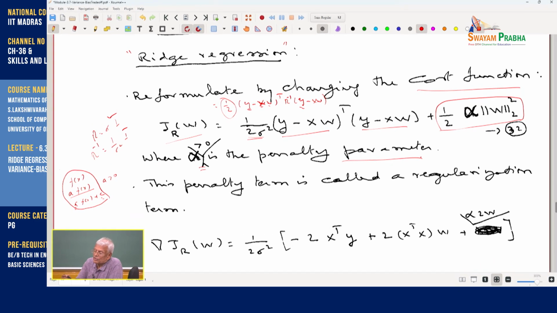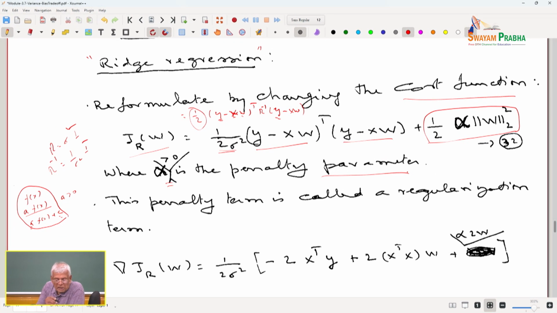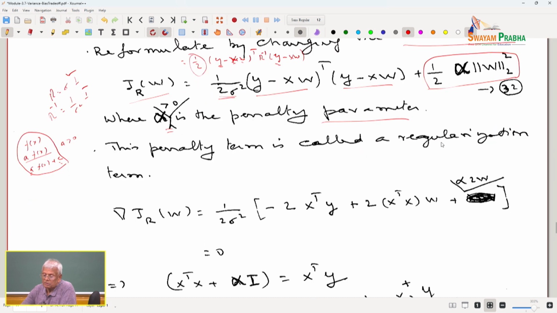Now, if alpha is large, I am going to minimize with respect to w. So, w is very sensitive, and I want to reduce the sensitivity by including this penalty term, 1/2 of alpha times the square of the norm of w. The penalty term is called the regularization term.